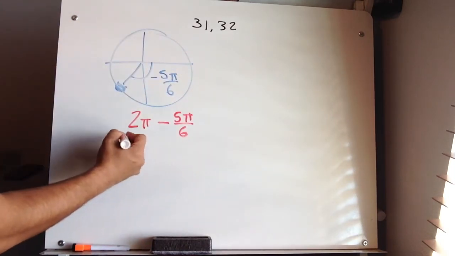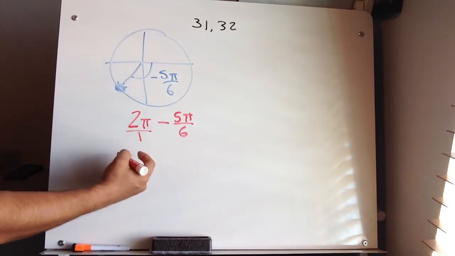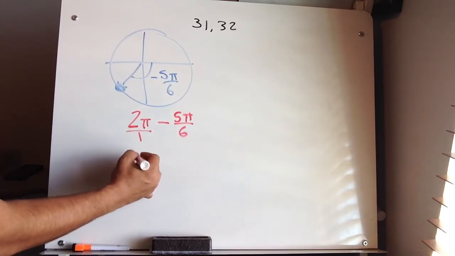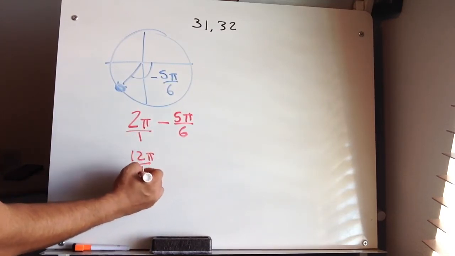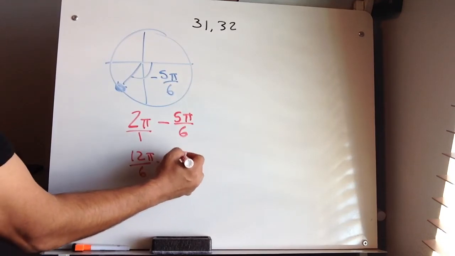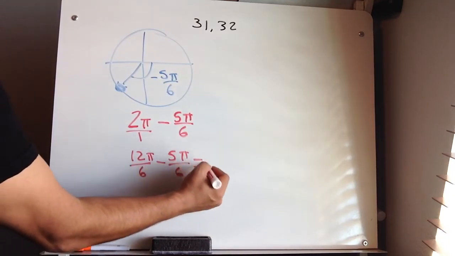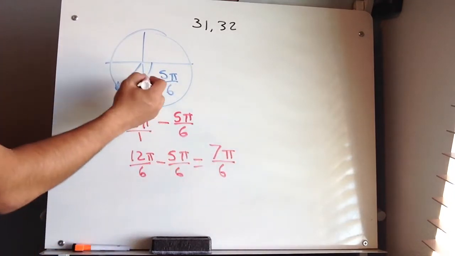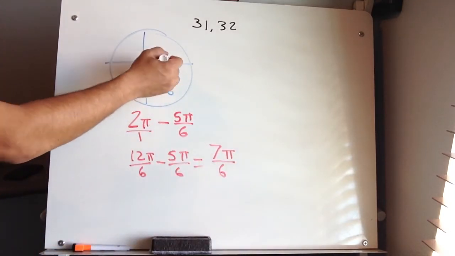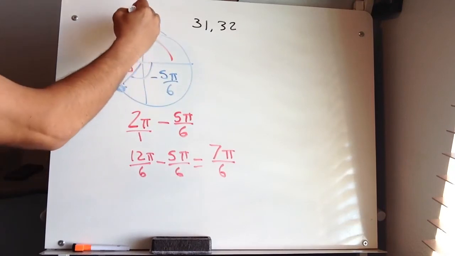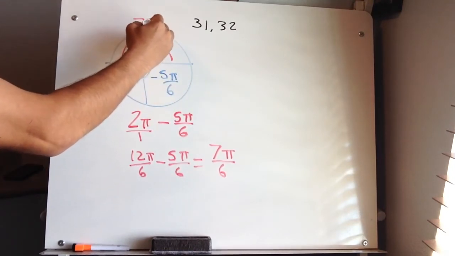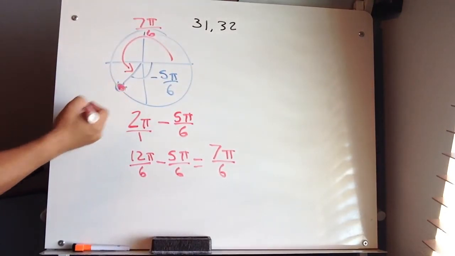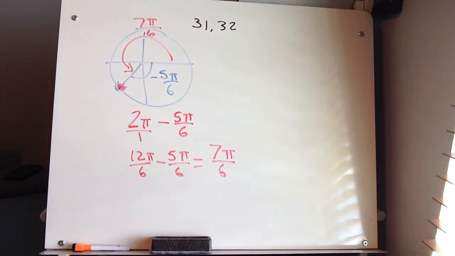So we make sure we have common denominators. I multiply by 6, so we get 12 pi over 6 minus 5 pi over 6 equals 7 pi over 6. So if this is the negative amount, the positive amount is 7 pi over 6. In your unit circle, you have to find out which one is 7 pi over 6.